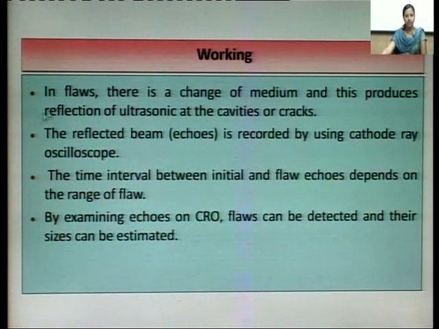Its working is that at flaws there is a change of medium, and this produces a reflection of ultrasonic waves at the cavities or cracks. The reflected beam is recorded using the cathode ray oscilloscope. The time interval between the initial and flaw echoes depends upon the range of the flaw. By examining the echoes on the CRO, flaws can be detected and their sizes can be estimated.